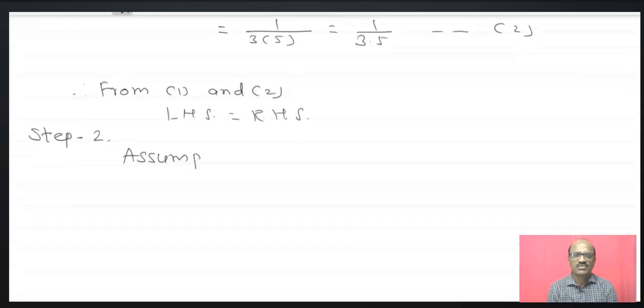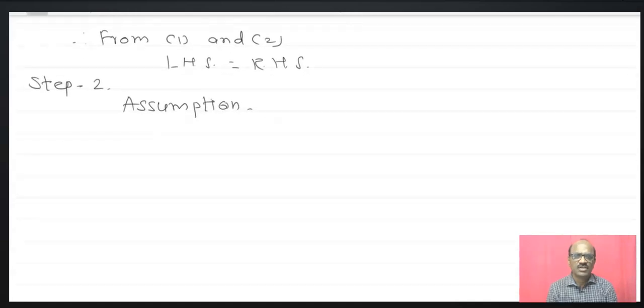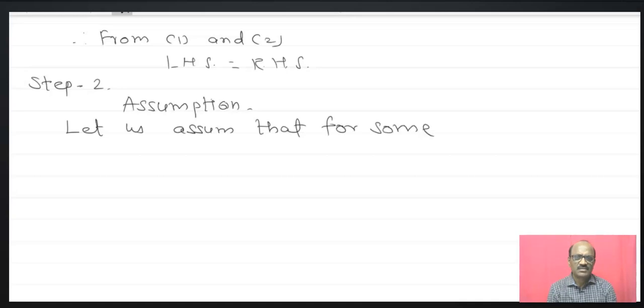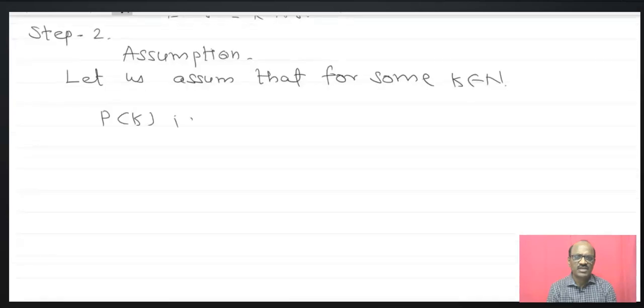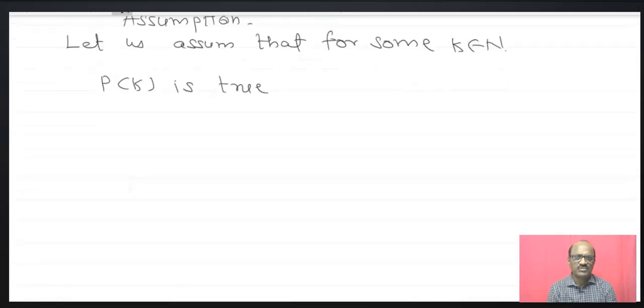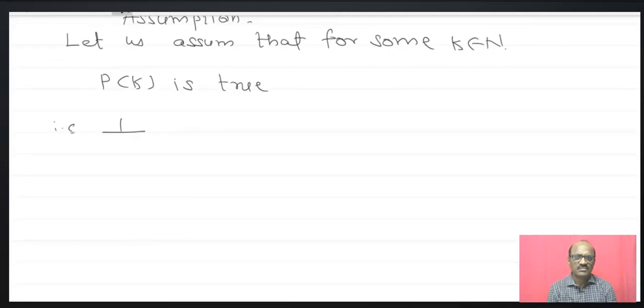Now step number 2, which is the assumption: the given result is true for n is equal to k. Here we replace only n with k and write it as equation 1. Let us assume that for k belonging to the natural numbers, P(k) is true.